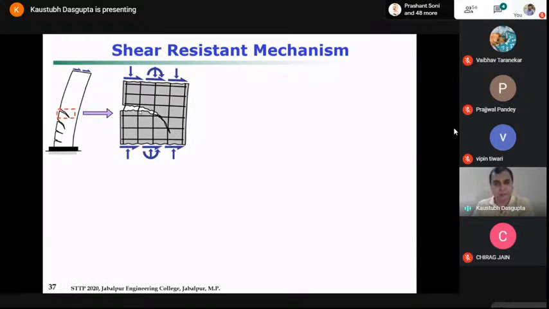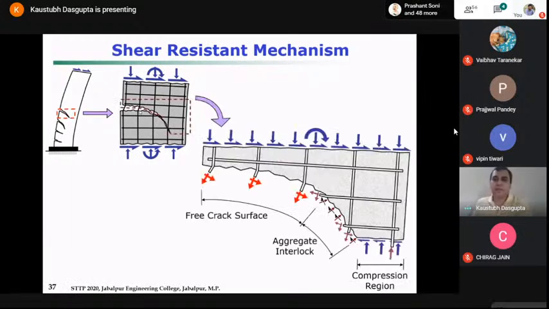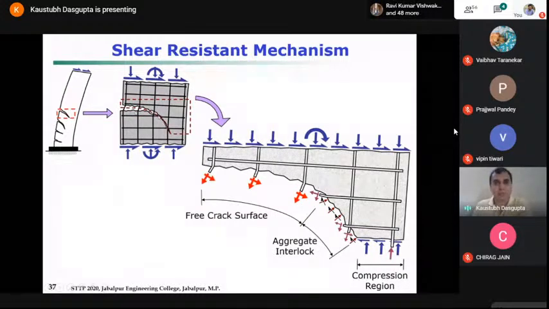You zoom in another level inside. So here you will see how the entire shear force is getting resisted. Because whenever you have the shear force and the bending moment, it starts with the bending cracks, flexural cracks. But then after some time, the shear cracks also start, right?